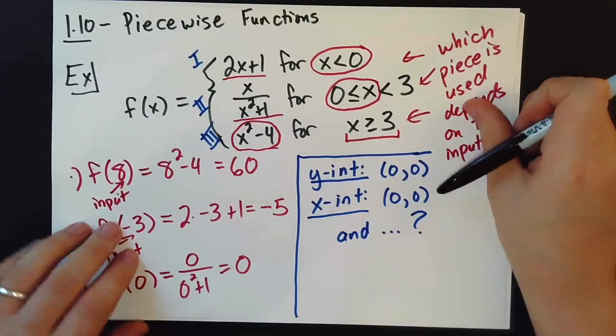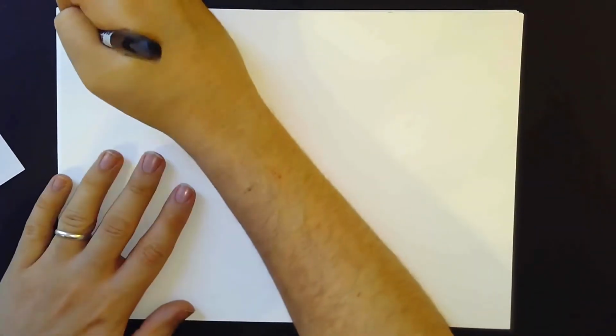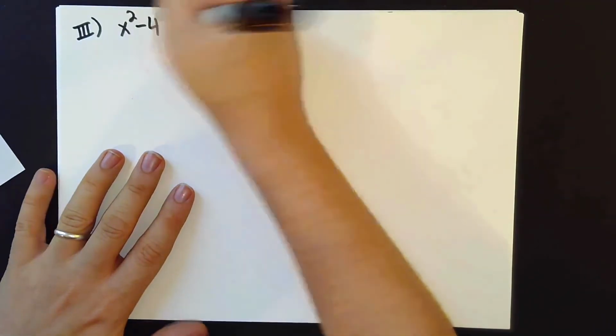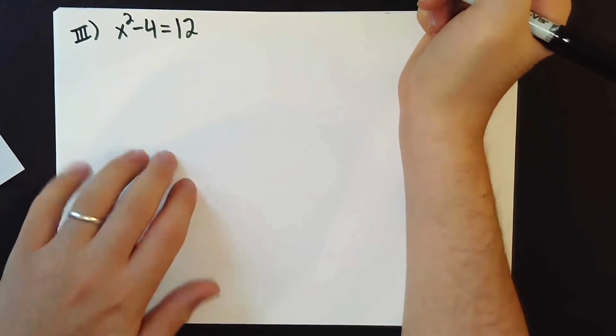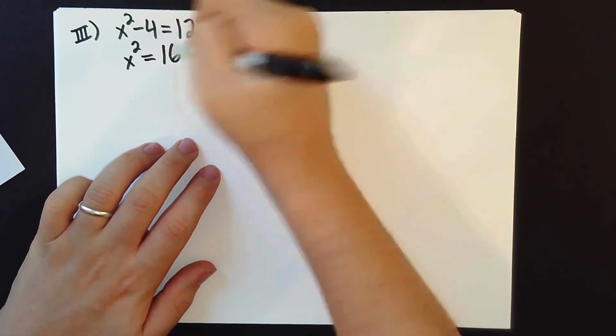Okay, then we have to handle the third line. So remember what the third line was. The third line was x squared minus 4. And we want to know when that could give an output of 12. Well, that's going to happen when x squared is 16.